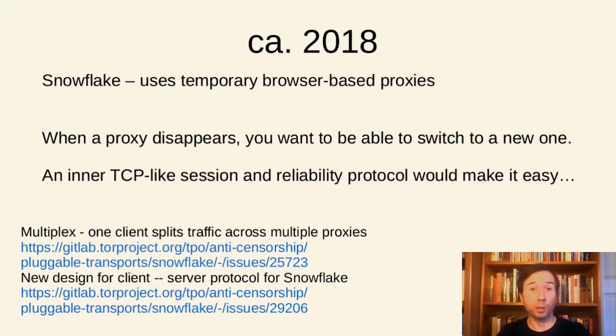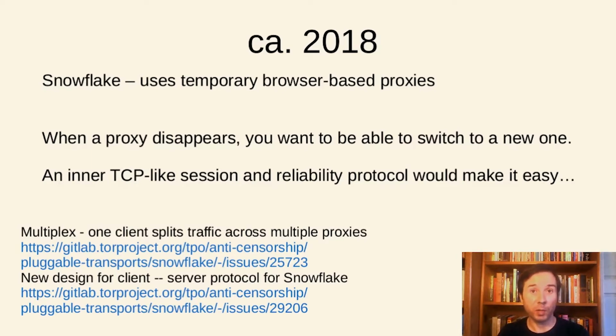Now coming closer to the present, I have been helping develop the Snowflake circumvention system. Snowflake is based on the use of temporary browser-based proxies. When you use Snowflake, your traffic is actually going through someone else's web browser. And one of the problems with Snowflake until recently is that your entire browsing session was coupled very tightly to the first temporary proxy that you were assigned.